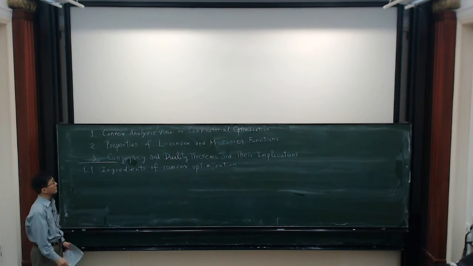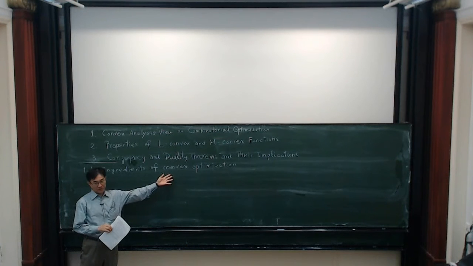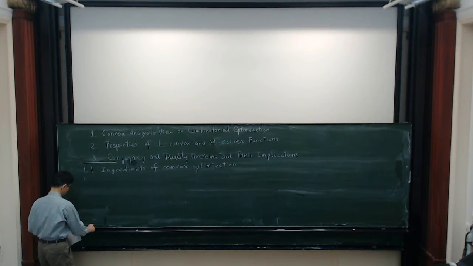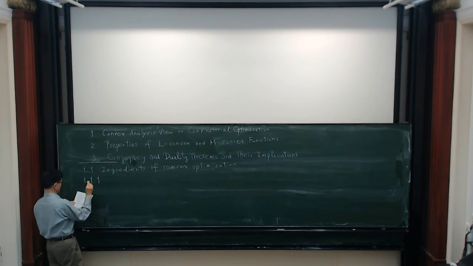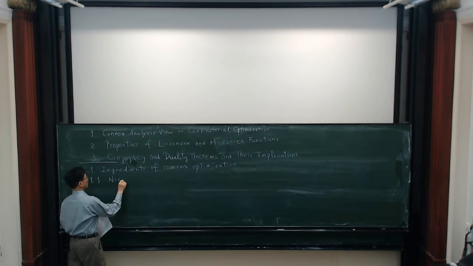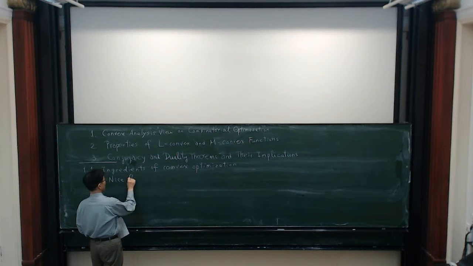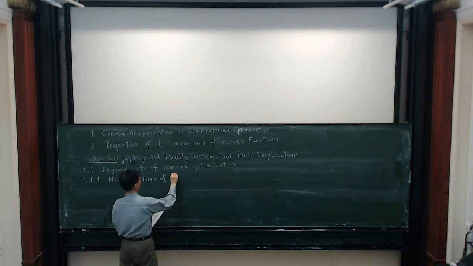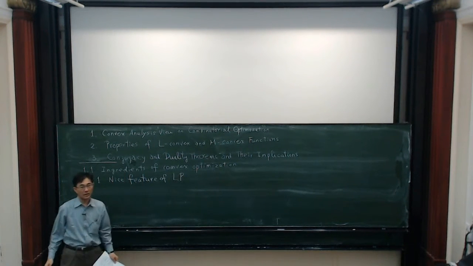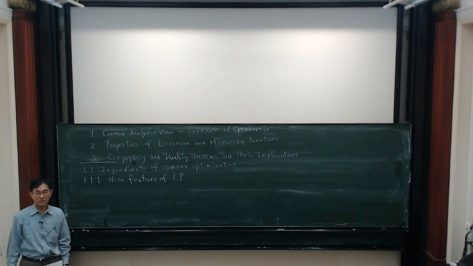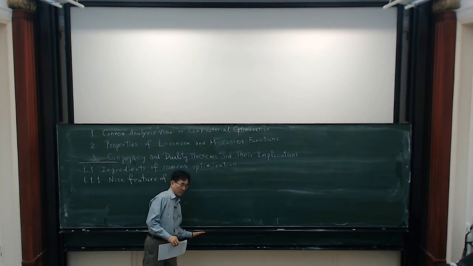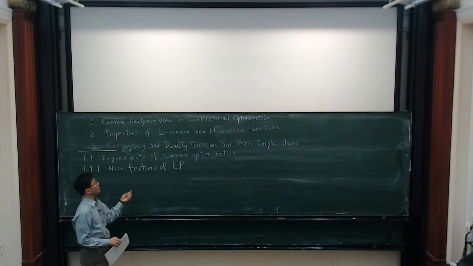Now, before going into convex, let's look at the linear case, the easier case. So, nice features of linear programming. What are they? Just imagine before you listen to me. What should be the nice features of linear programming in connection to convexity?